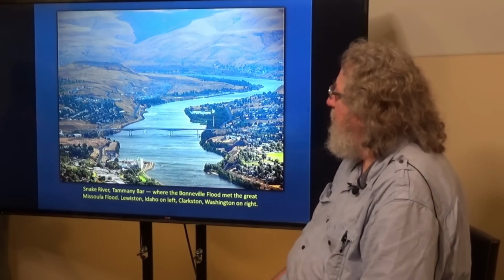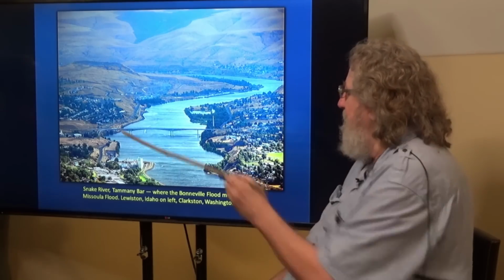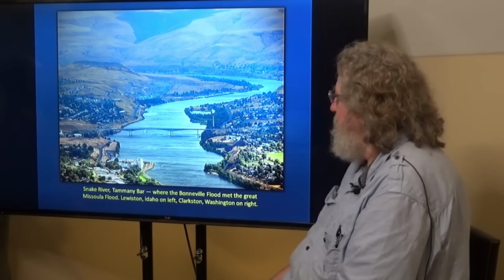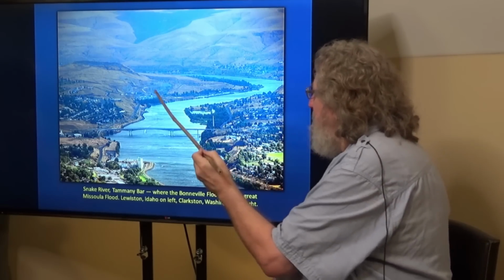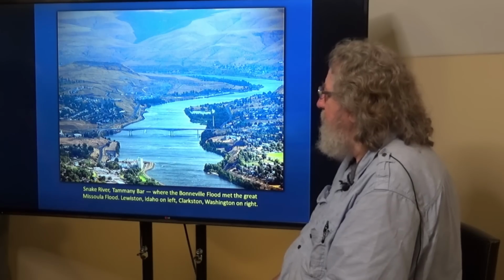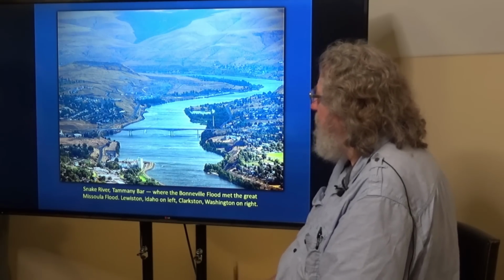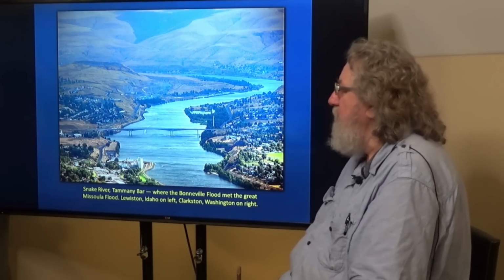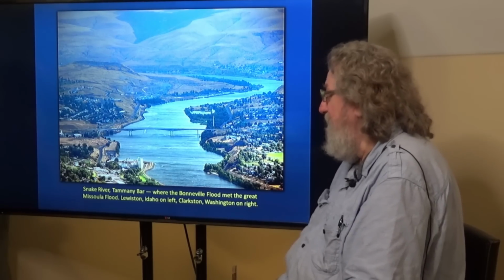And this is near Lewiston, Idaho. Lewiston is on the left, Clarkston, Washington is on the right, and here's a gigantic point bar that has a gravel pit in it, and this is a very interesting outcrop right here. We visited this multiple times because here is where the Great Bonneville flood met the Missoula flood.